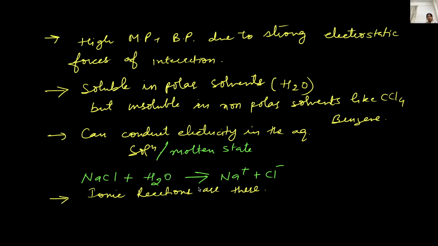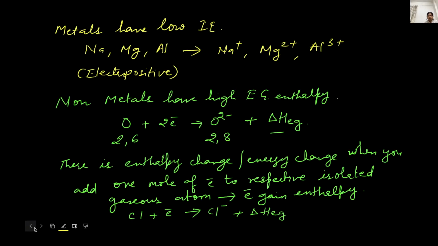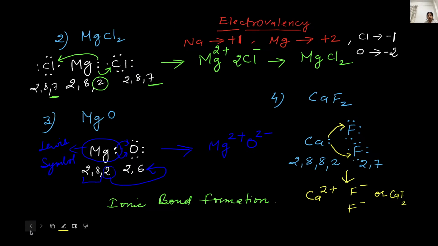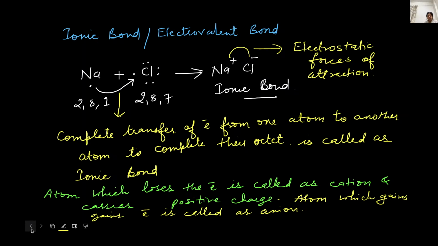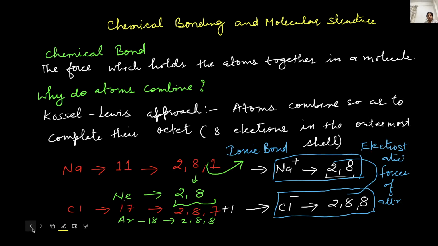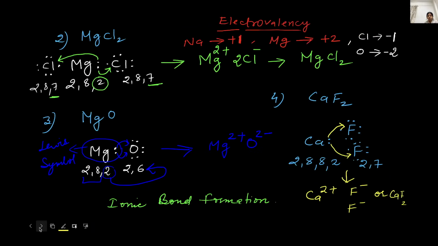Okay, so students, we have studied ionic bond formation, how the ionic bond formation occurs, what is an electrovalent bond, and the important factors which affect the formation of the bond: the low ionization energy of the metal, the high electron gain enthalpy of the non-metal, and then the high lattice energy associated with the compound.